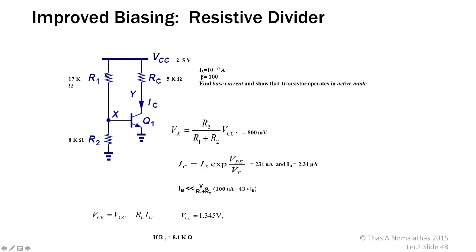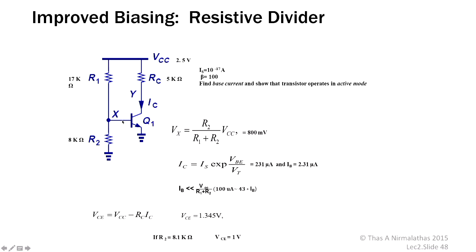If you replace one resistor, say this circuit is working properly, or you have designed this circuit for 1.345 volt, maybe in a chip, then when you fabricate this resistor, maybe something happened in the fabrication, there is a kind of tolerance, and it became 8.1 kilo ohm, very small change. Then your VC will become 1 volt. You don't get the performance. So that is the only issue. That is because of the exponential dependence this circuit is having.